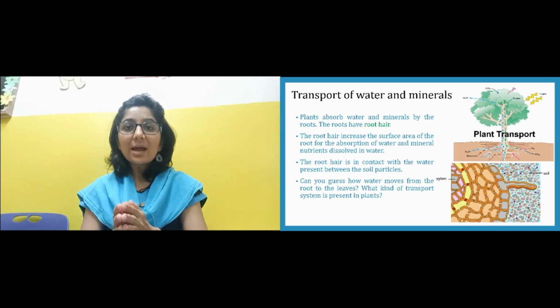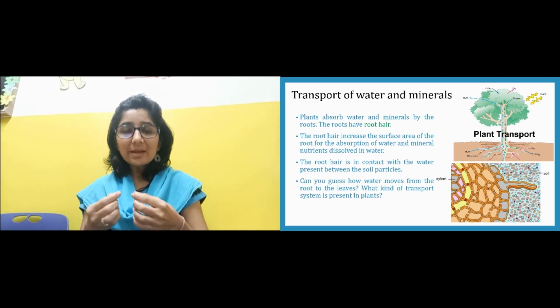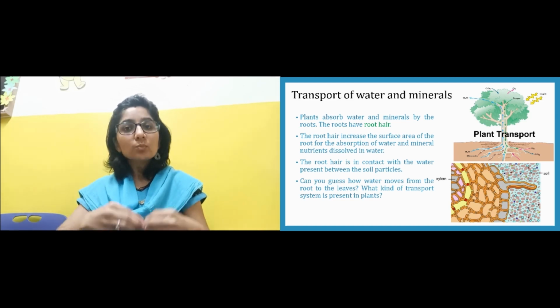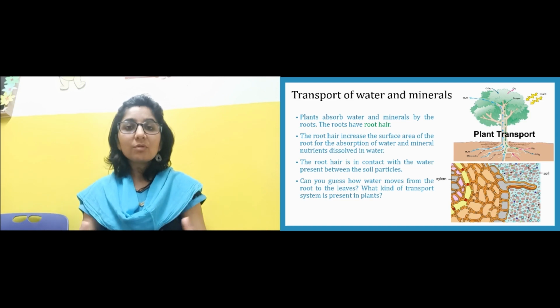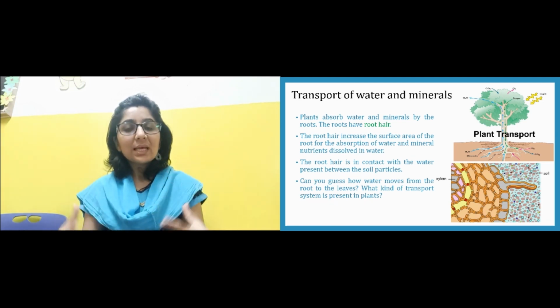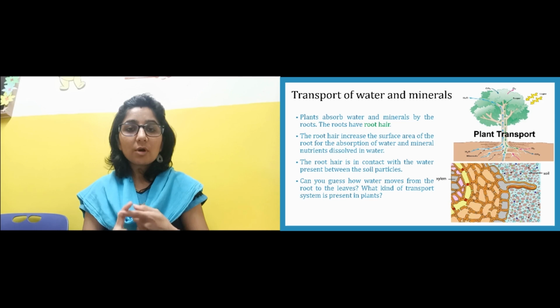These root hairs increase the surface area of the root, so that the greater the surface area, the greater the intake of water and the minerals. So root hair increases the surface area of the root for absorption, so that there will be maximum absorption of water and mineral nutrients dissolved in water.